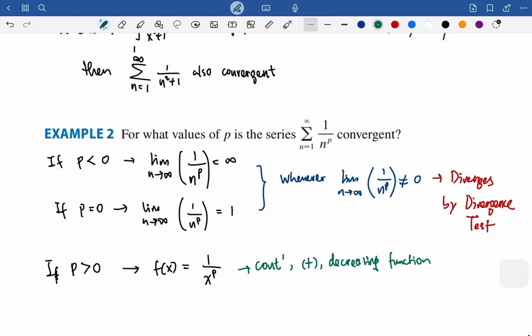So this is continuous, positive, and decreasing on, we could say, from 1 to infinity. Okay.